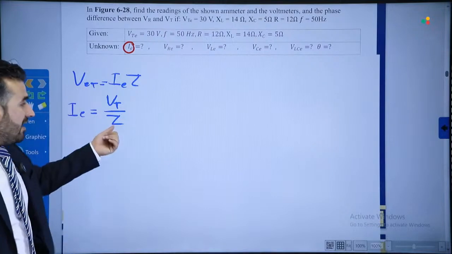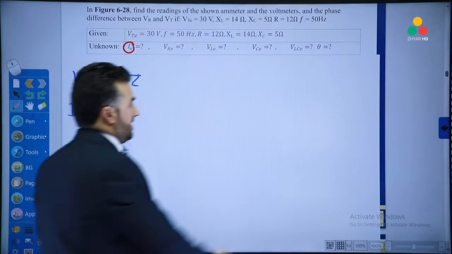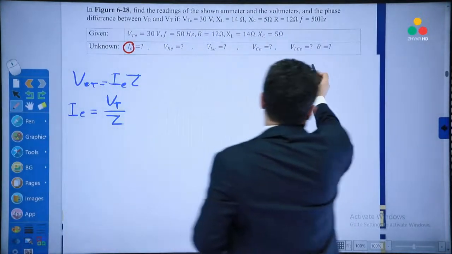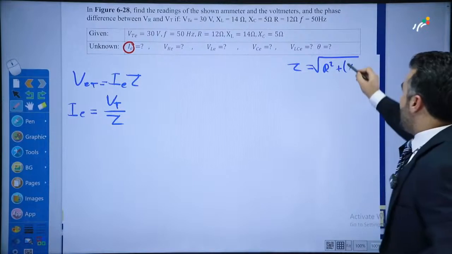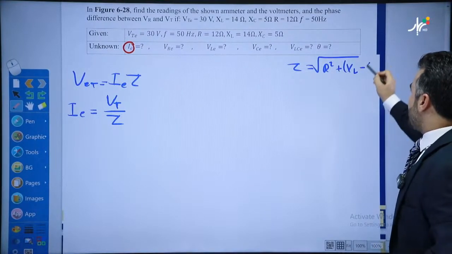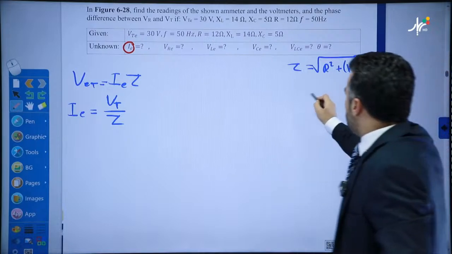But here's a question, do I have the total impedance? The answer is no. Can I find the total impedance? The answer is yes. So how do we find the total impedance? Z equals the square root of R squared plus, remember this, XL minus XC, and then the whole thing squared here. So now let's plug in the numbers here.